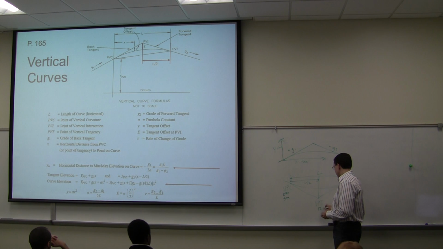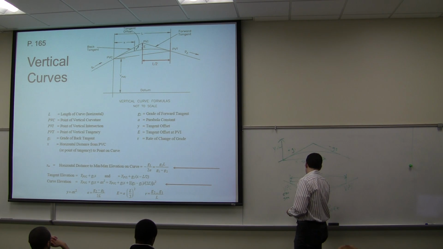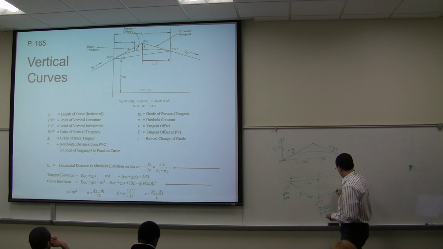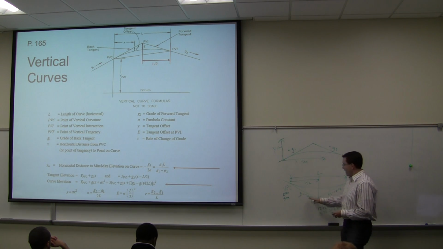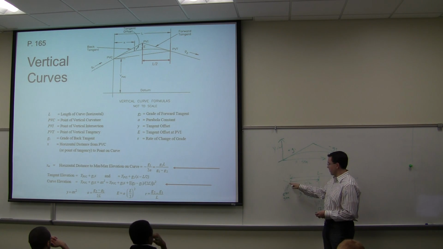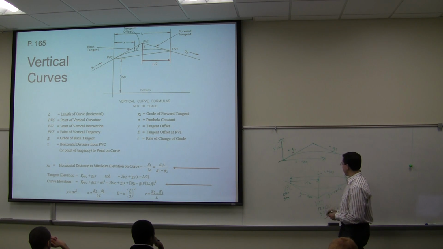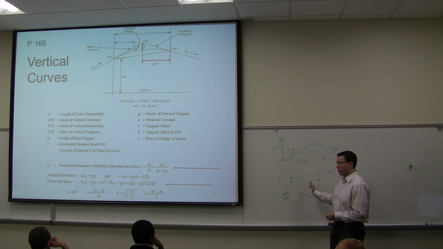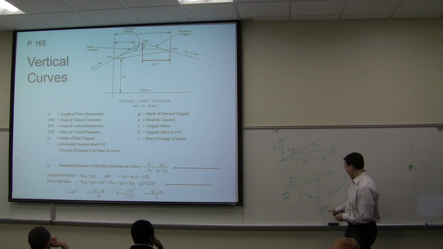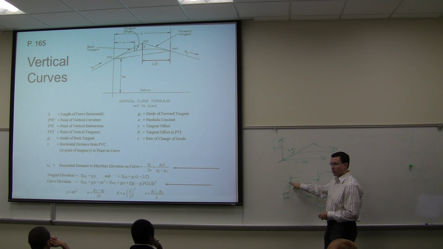So if they say this is 12 plus 00 at 500 feet, say G1 is negative 0.05, G2 is positive 0.02, you should be able to extrapolate the elevation. If we know this length is, say, 400 feet, the x distance here is 200 feet, because this is L over 2. So we've got 200 feet times that grade. Add that to this elevation and that will give us the elevation of this point.